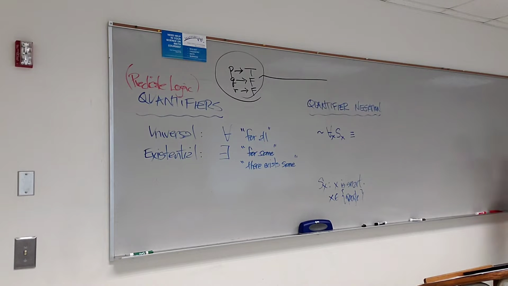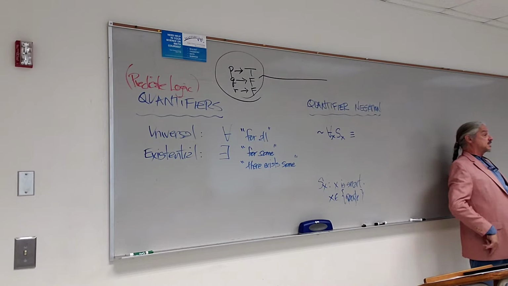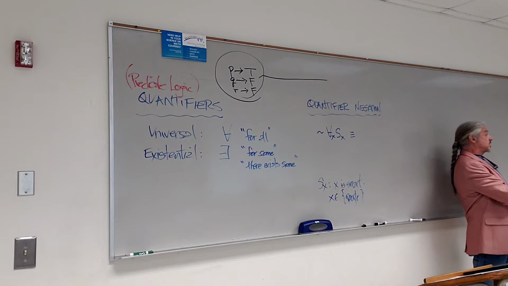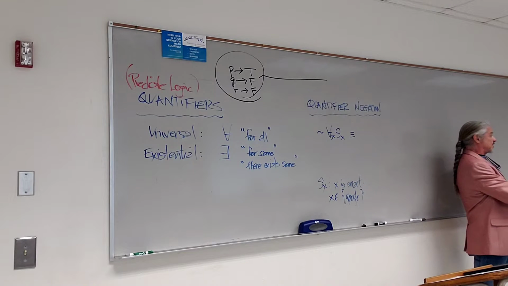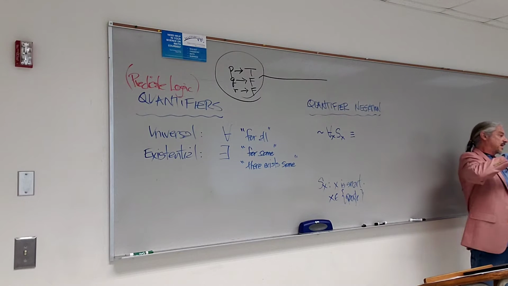So the only thing we know, try to stay logical, is there exists at least one person who's not smart. It only takes one to denounce that statement. If I say everybody, it only takes one counterexample to denounce that.